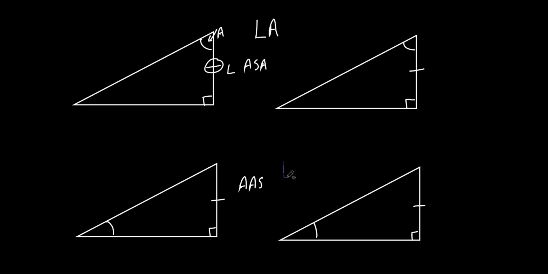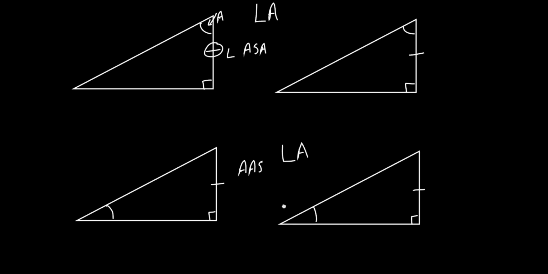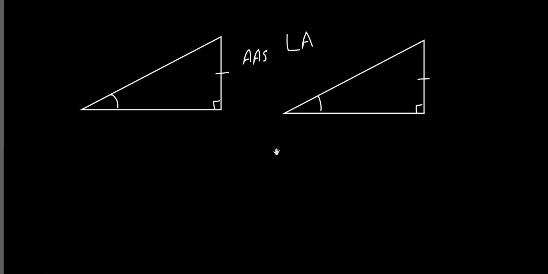Let's make it look like an L. Leg, angle. Same reason, but on this one, it looks like angle, side, angle. On this one, it looks like angle, side. But there you go. What do you think? Pretty easy, isn't it? That was pretty short, wasn't it? Probably could have made it a little shorter, but that's all right.